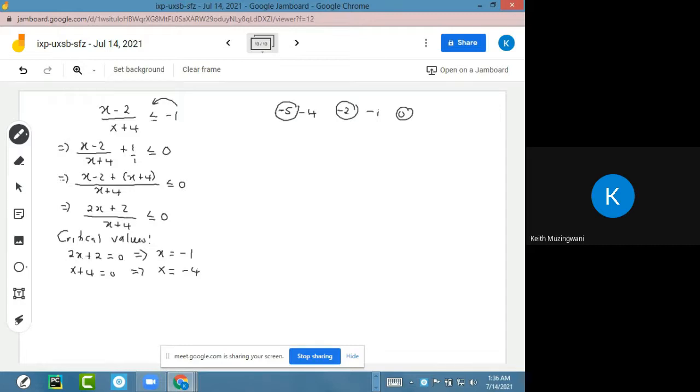What next? We get the numerator, 2x plus 2, the denominator, x plus 4, and then the whole fraction. We're looking for the sign of the fraction.